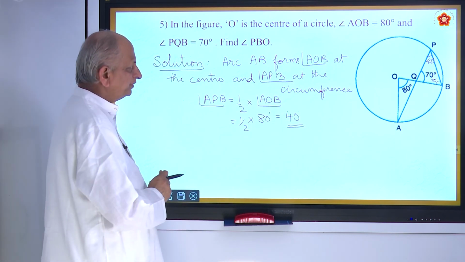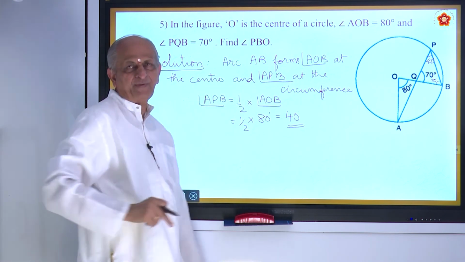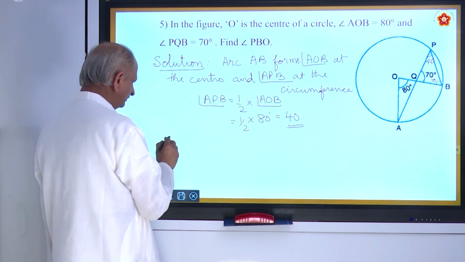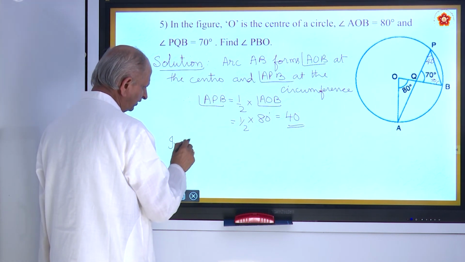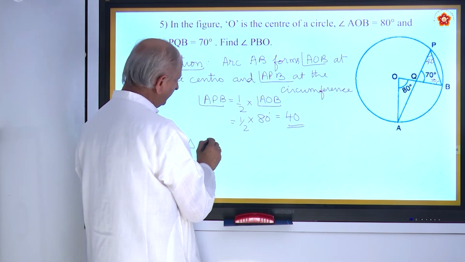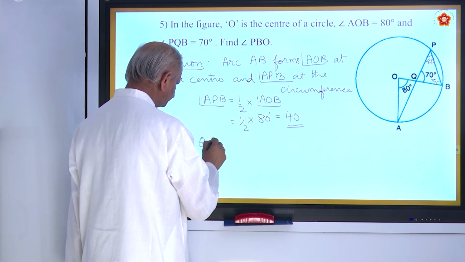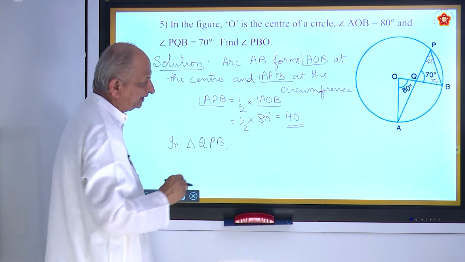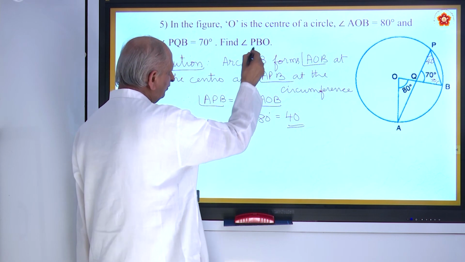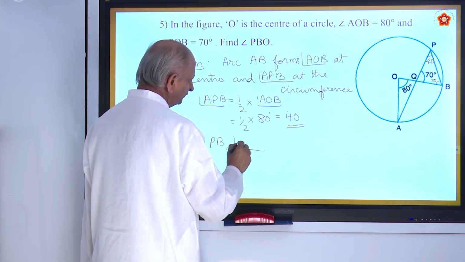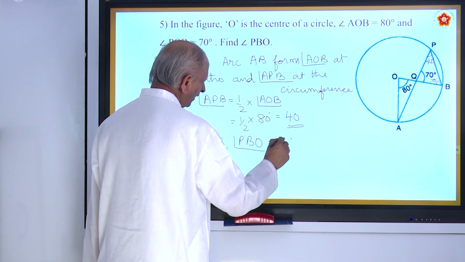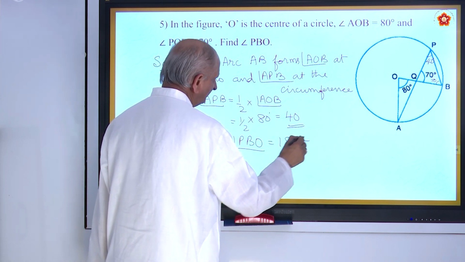Now, you have to find out which angle? PBO you have to find out. How to find out? What is the sum of 3 angles of a triangle? 180, is it not? In triangle QPB, please correctly note it, QPB. You have to find PBO. Angle PBO is equal to 180 minus sum of the 2 angles.